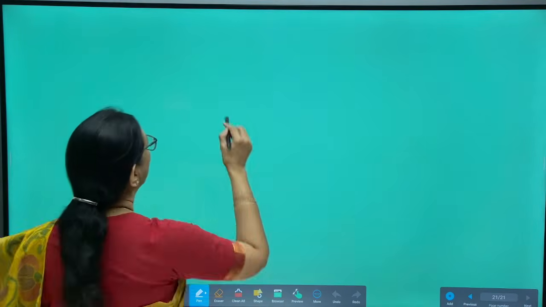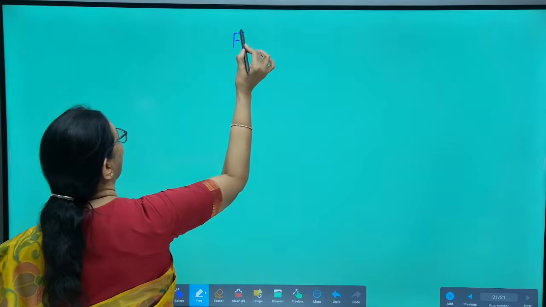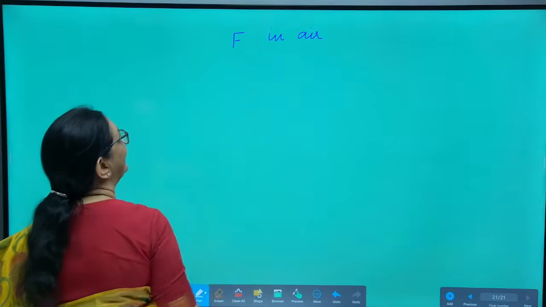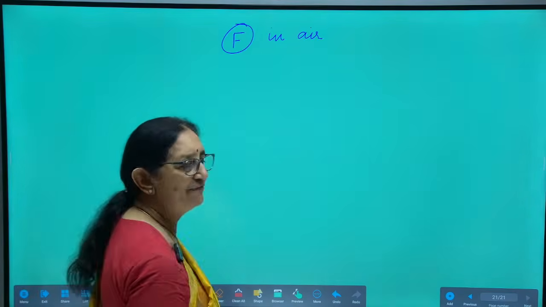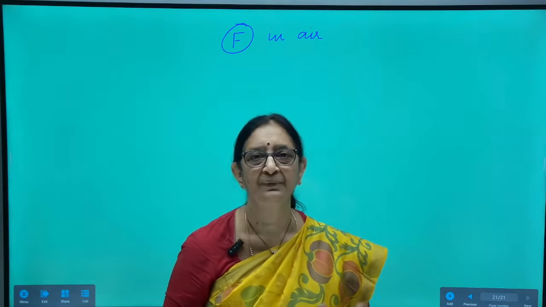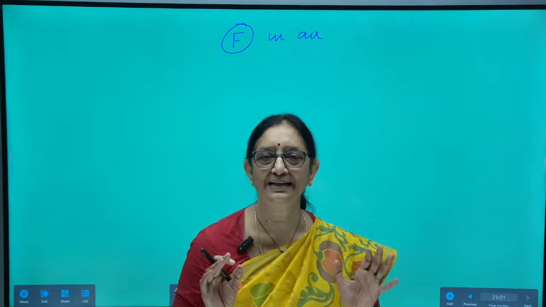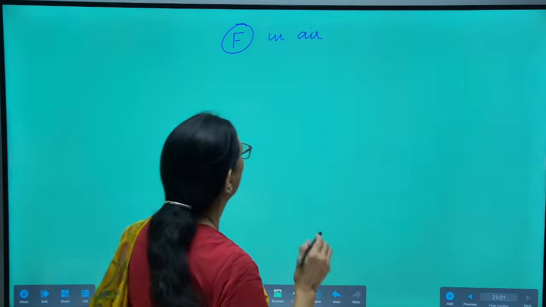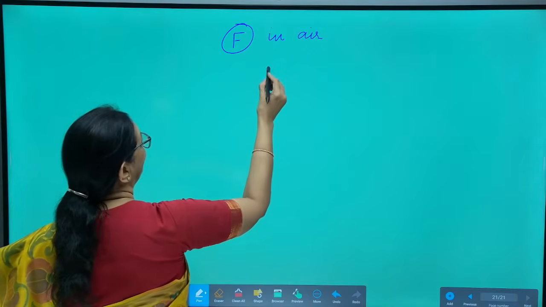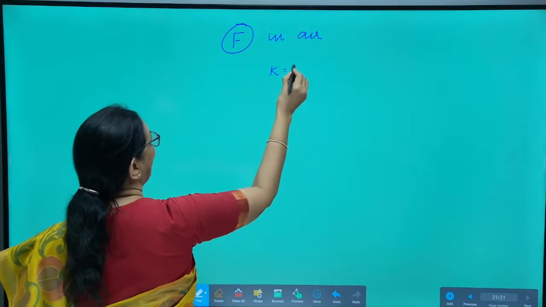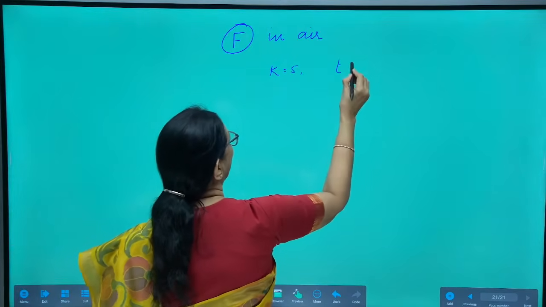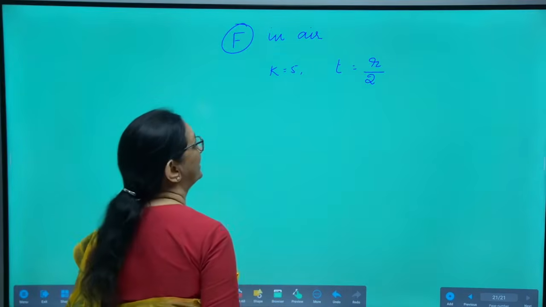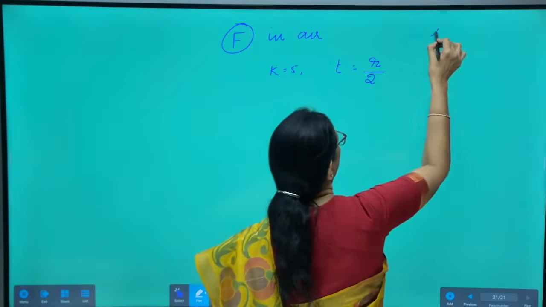You see here, the force between two charges separated by some distance in air is F. F is the force of repulsion between two charges separated by some distance in air. Now, a dielectric slab of constant 5, thickness T equal to R by 2 is placed between them. So, I am repeating the problem.